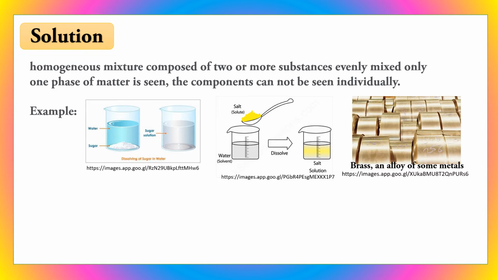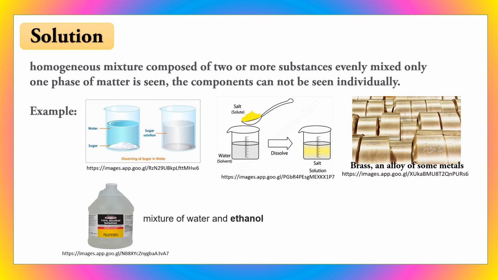This becomes an alloy, and this alloy is called brass. So this is a solid solution. Another example of a liquid solution is a 70% alcohol solution. It's already written here, alcohol solution, a mixture of water and ethanol. Take note, evenly mixed, components cannot be seen individually in this solution.